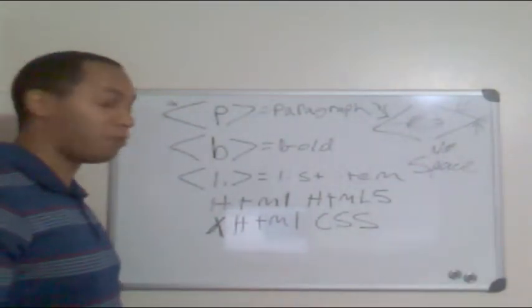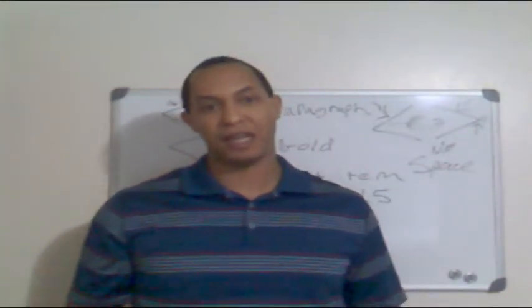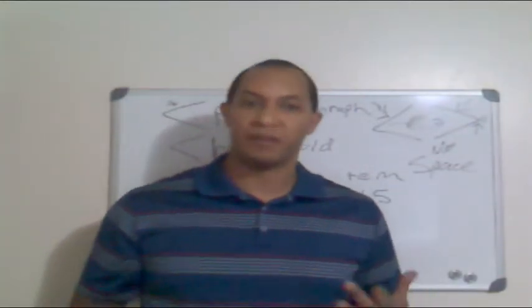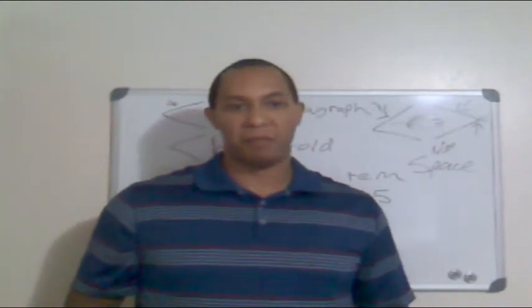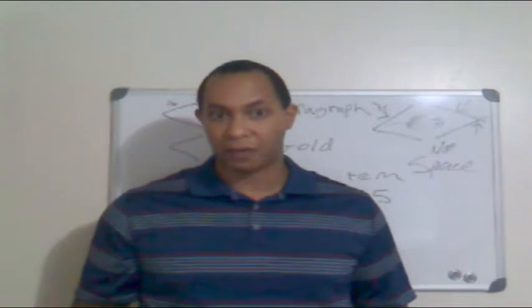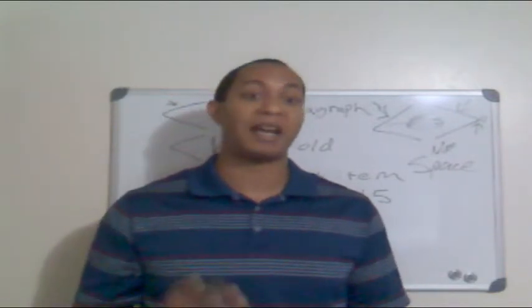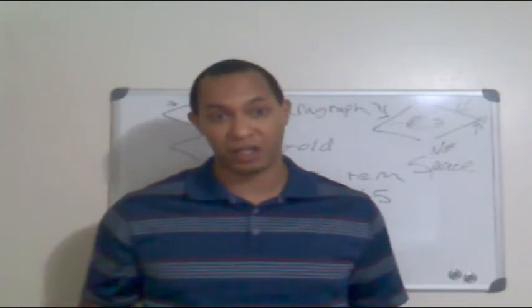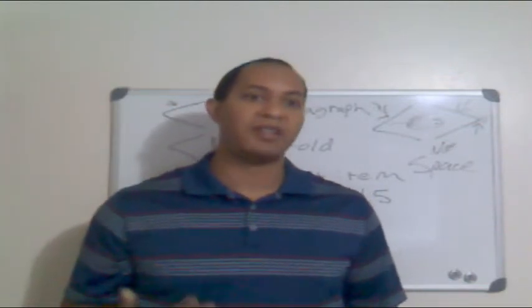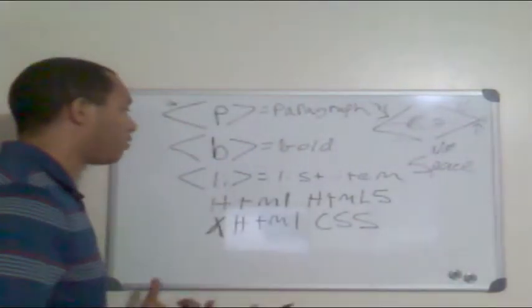Pretty much when you think of HTML coding, you've got to think of it in terms of acronyms and abbreviations, okay? Because I know when you look at it, it kind of looks like gibberish, but if you look a little bit closer, you can realize that a lot of this coding is actually acronyms and abbreviations, and you can sit there and start to decipher it yourself. So let's go over some of these.